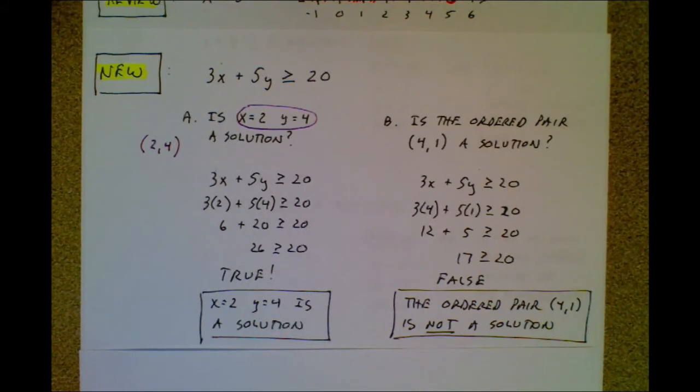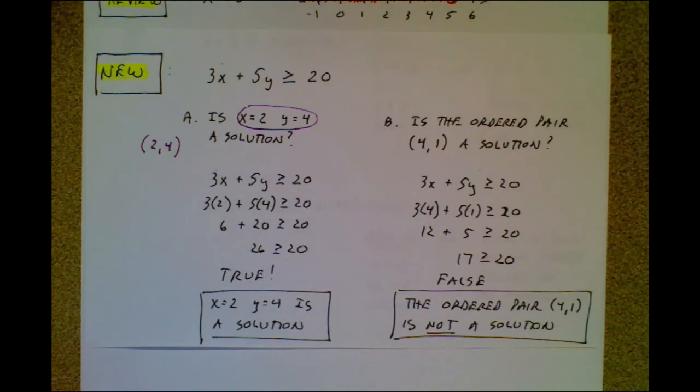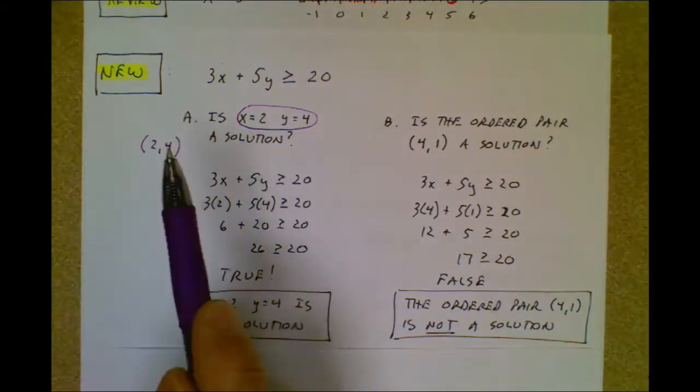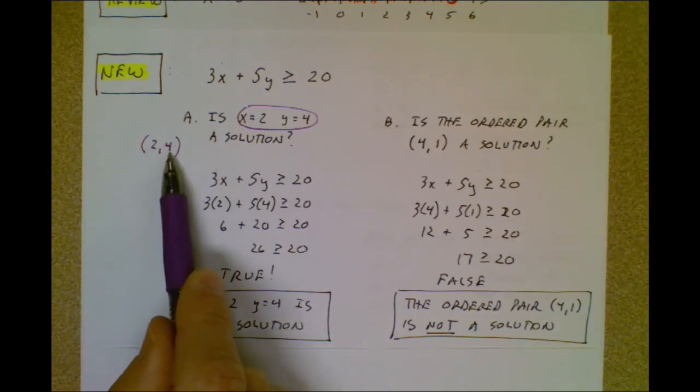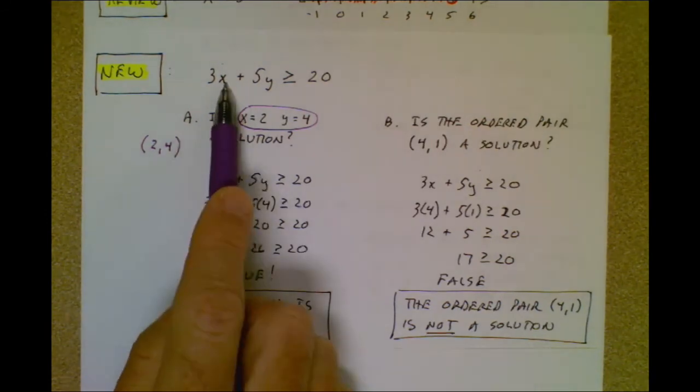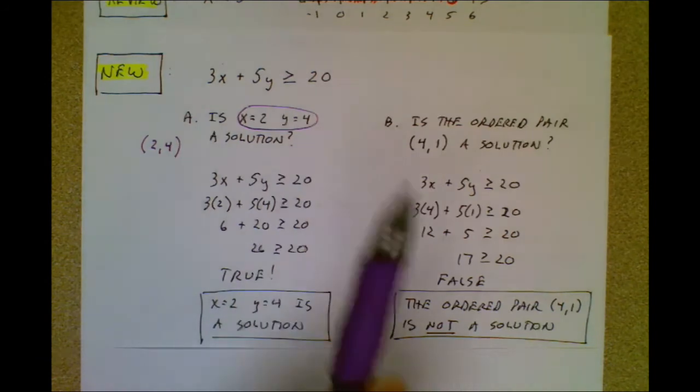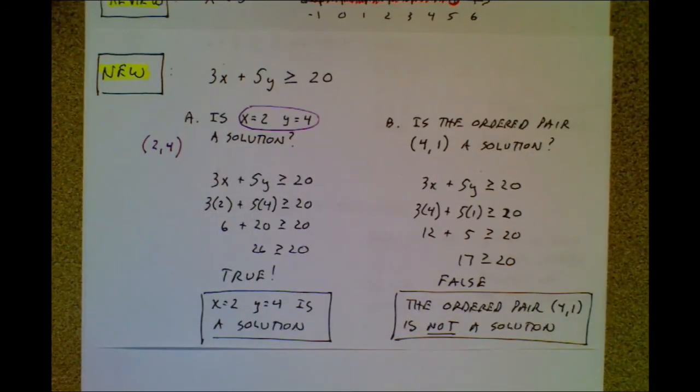So if I want to know if it's a solution, the two methods we had in the review were look at the shaded region or plug it into the inequality. Looking at the shaded region is going to come up in a future lesson, so all we care about for today is plugging the 2, 4, x equals 2, y equals 4 into the inequality and finding out if we have a true statement.